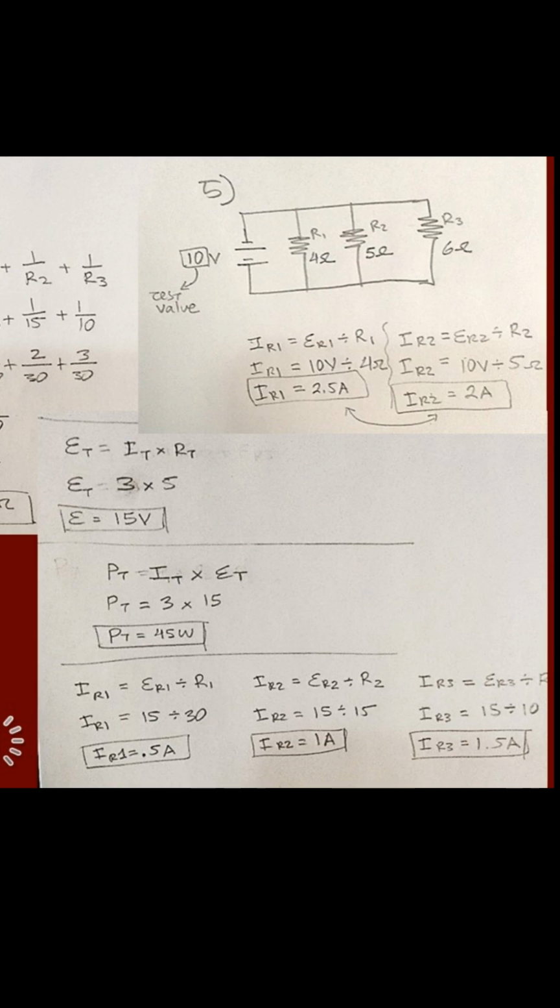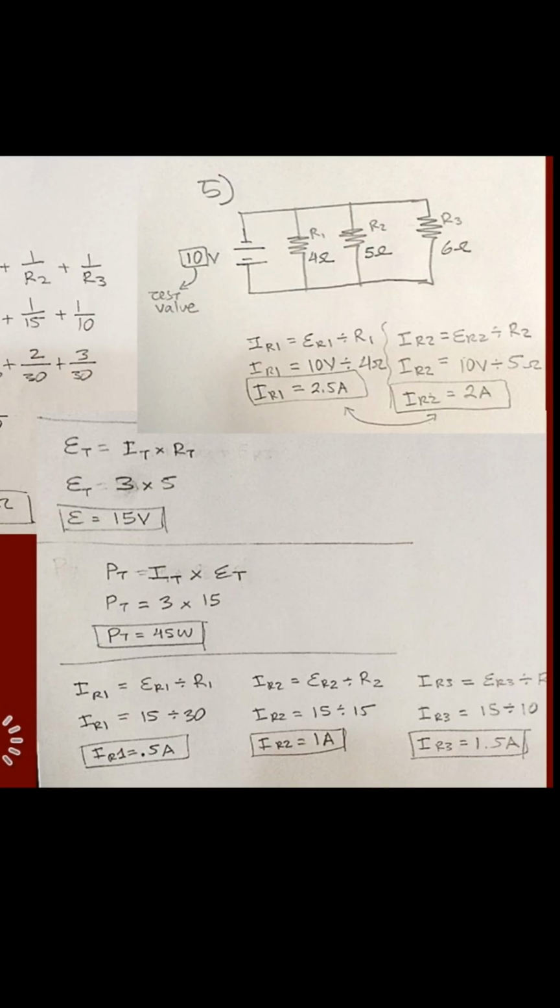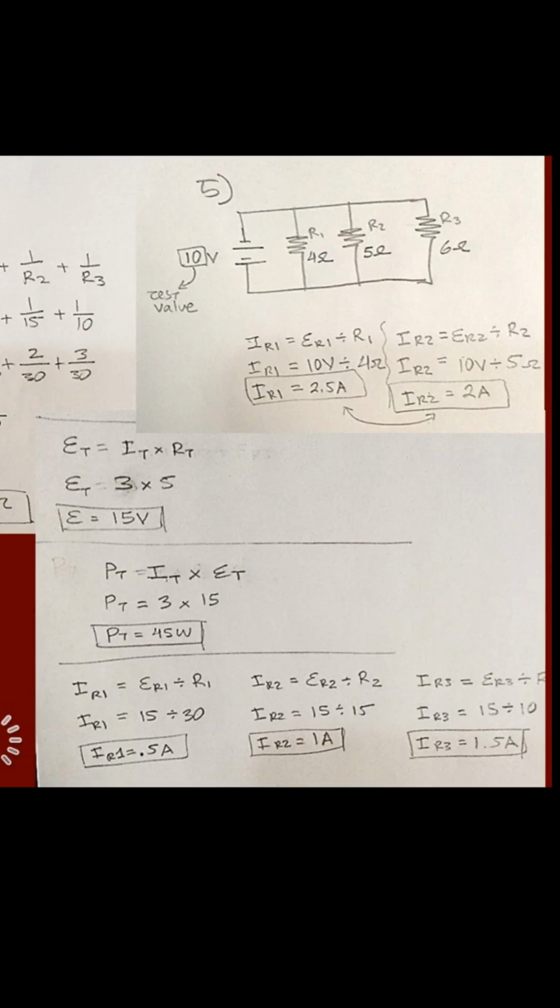To find our current at R1, we don't have that just yet. It's not given to us in our problem. However, we know the voltage at R1. The voltage is the same across each of the resistors in a parallel circuit, so we know the voltage drop at R1. Our voltage total is 15, so we plug it in.